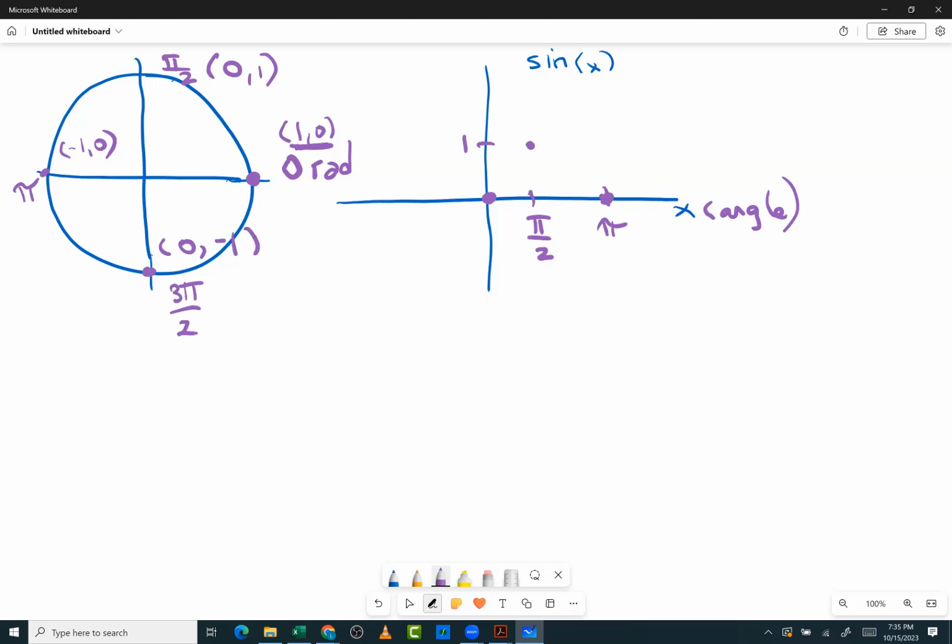The sine is the y, so I'm going to put negative 1 at 3 pi over 2. And let's just call this 2 pi. At 2 pi, I'm back to where I started, and that is 0.